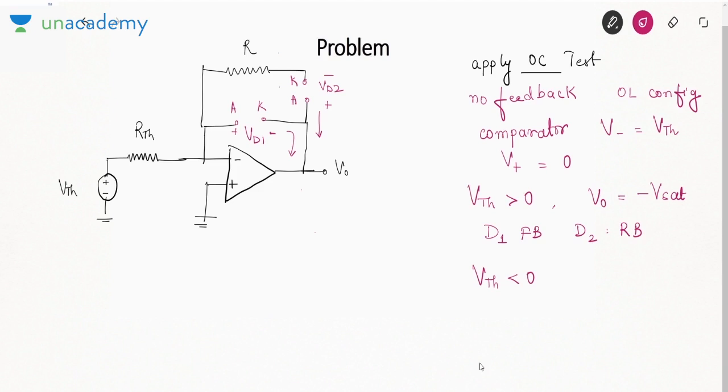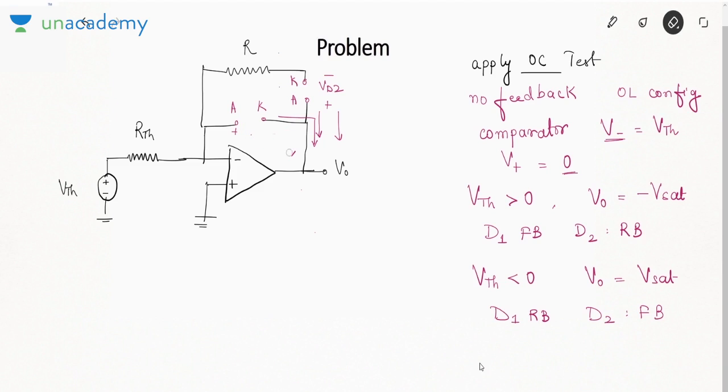What if VTH is less than 0? If the negative terminal voltage is less than the positive terminal voltage, V0 will be plus Vsat. If you connect the cathode to the positive voltage, the diode is reverse bias. If you connect the anode to positive voltage, the diode will be forward bias. So let me take the first case. D1 is forward bias and D2 is reverse bias.